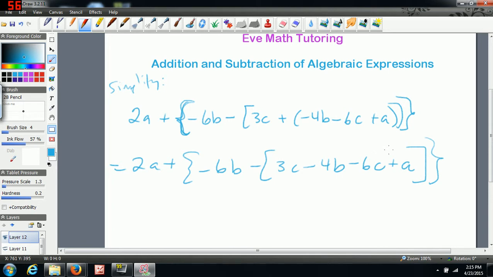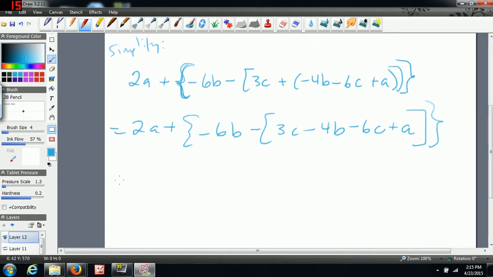Okay, so now we remove the smaller brackets first. Next step, negative 6b. Now once you open up the second bracket, this negative goes into all of these, so it becomes negative 3c plus 4b plus 6c and minus a, and close that up.